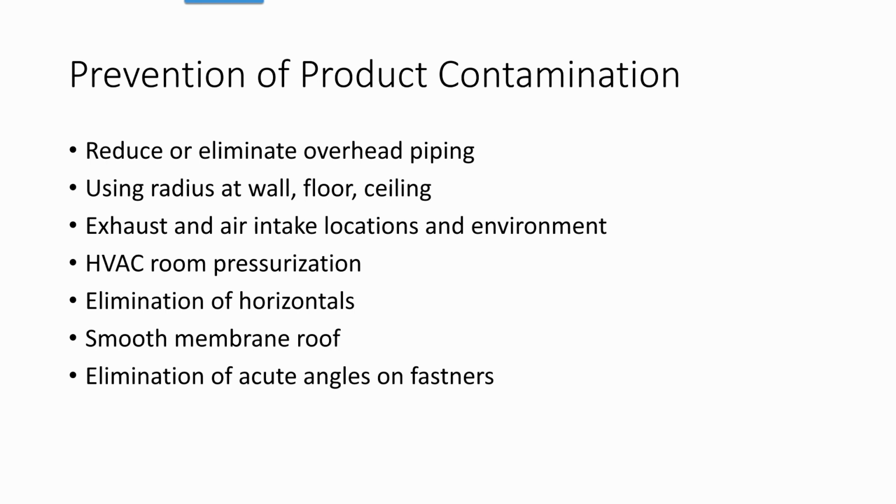There's just a bunch of different ways that you can do that, but you can reduce or eliminate overhead piping, for example. If you go through a facility, you'll see that all the horizontal members, whether structural members like grids and girders, harbor dust on the top of them, and that will continuously accumulate over time.